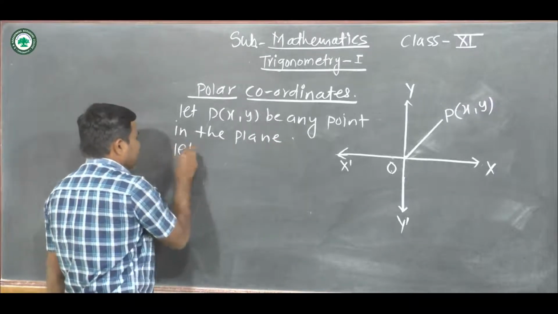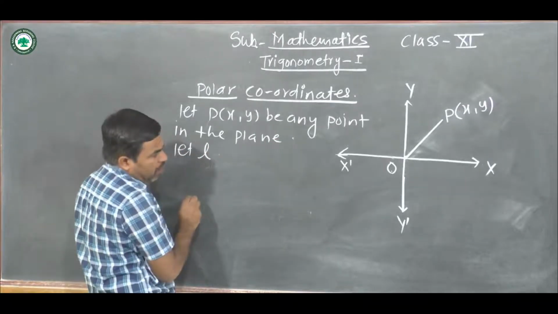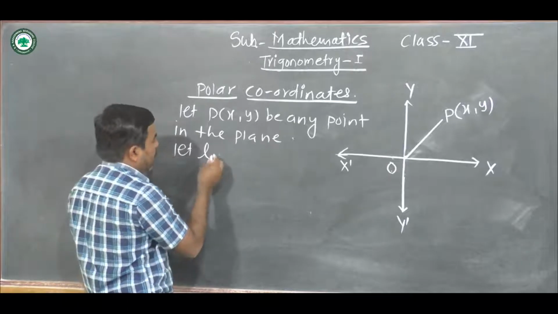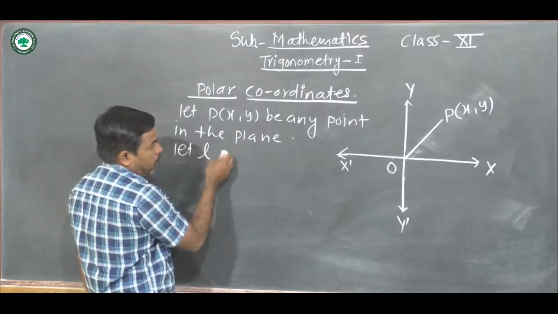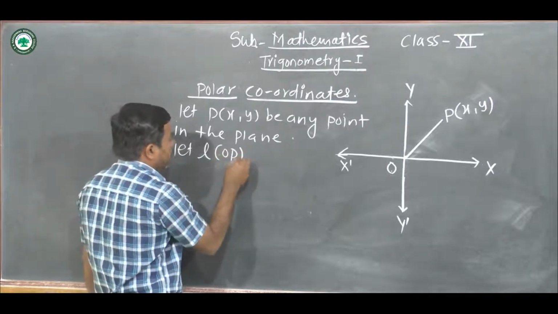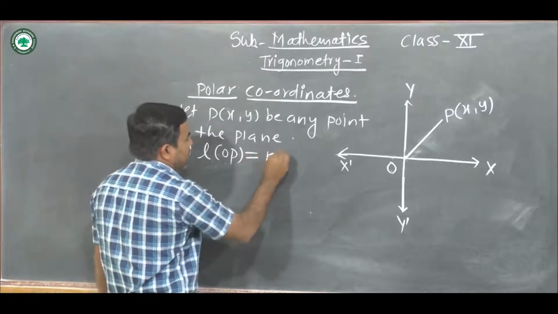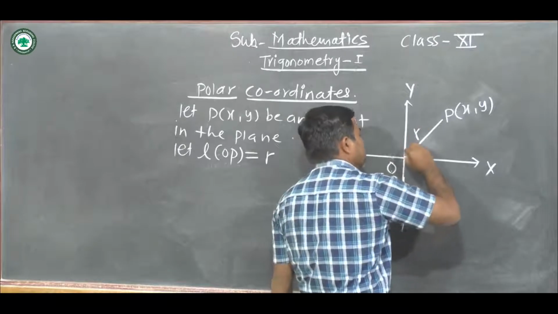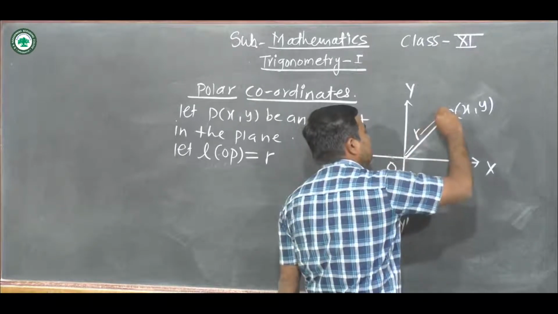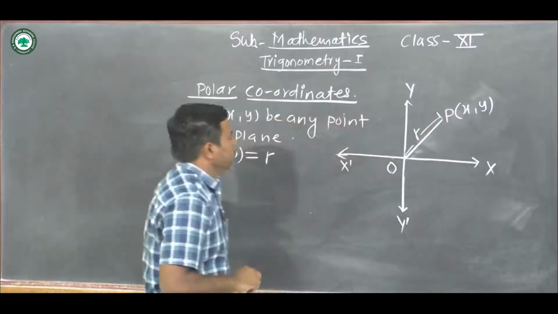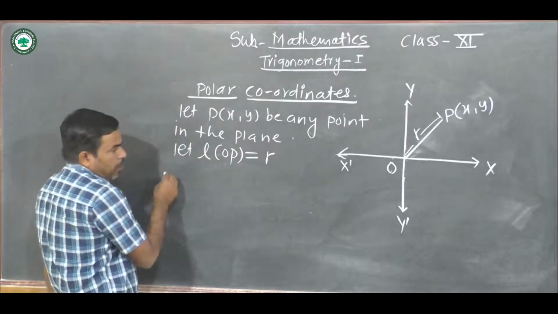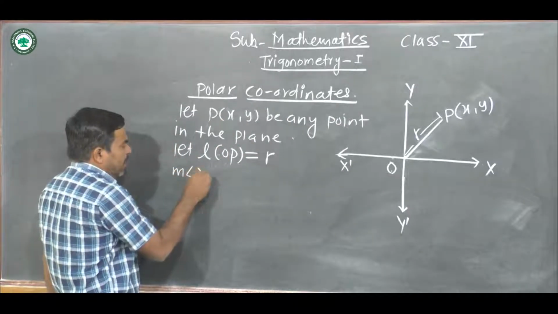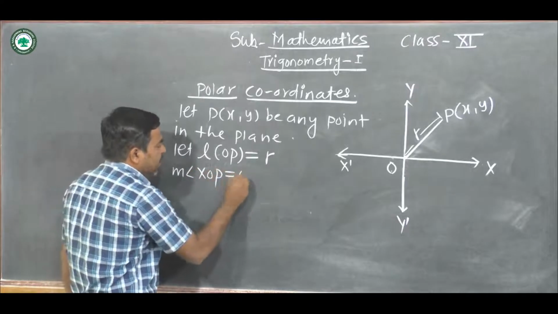Let the length of OP be equal to r. This point P has distance r from the origin. The measure of angle XOP is equal to theta.